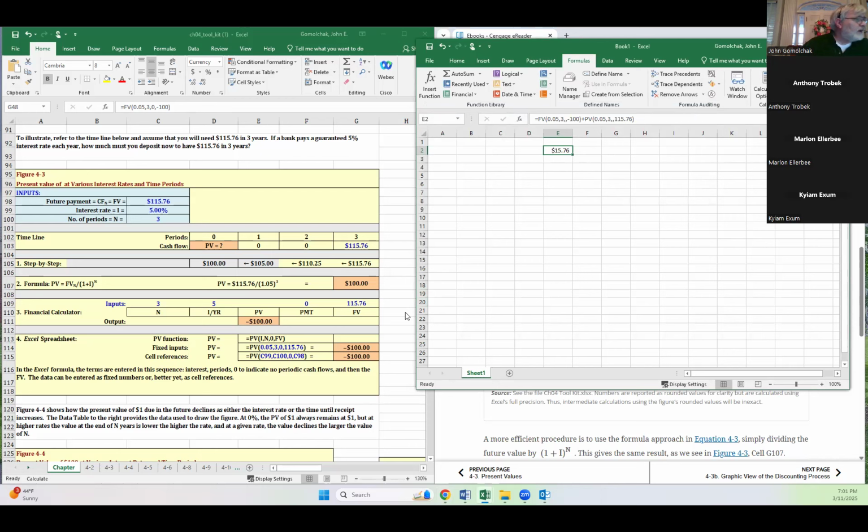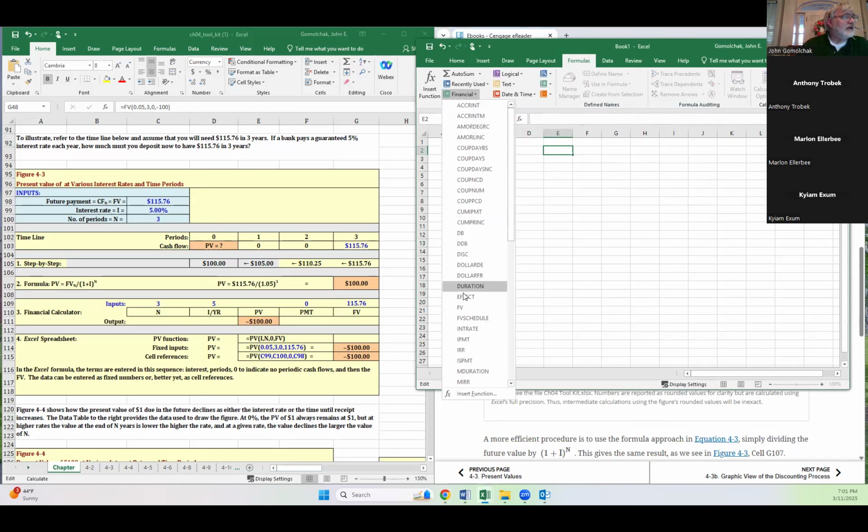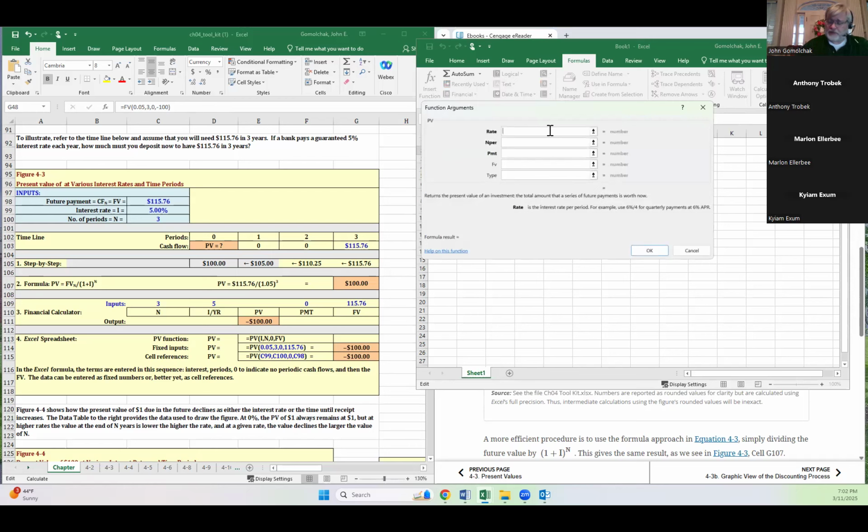$15.76. What did I do wrong? I did something wrong. Oh, I didn't eliminate everything else that was in there. Let's get rid of everything. Do it again. Let's do the present value. Rate 0.05. Number of periods 3. Payment none.